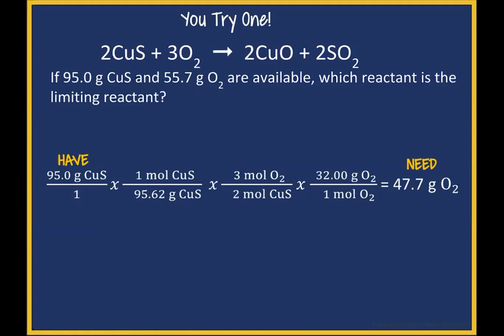Okay, so that gives us moles of oxygen. But since they're telling us grams of oxygen, we're going to have to change it to grams. So we're going to get this 32 from the periodic table. You're going to look at oxygen and find 2 of them. And then you're going to do this whole equation on your calculator, and you get 47.7 grams of oxygen.